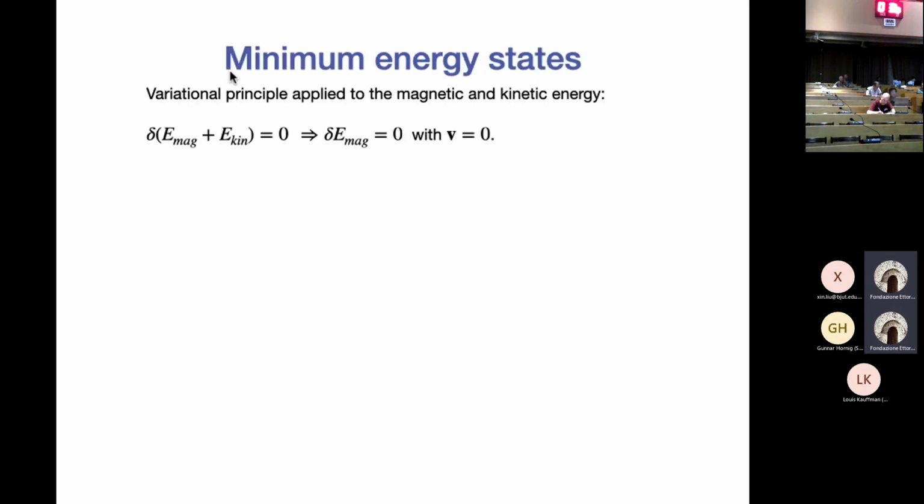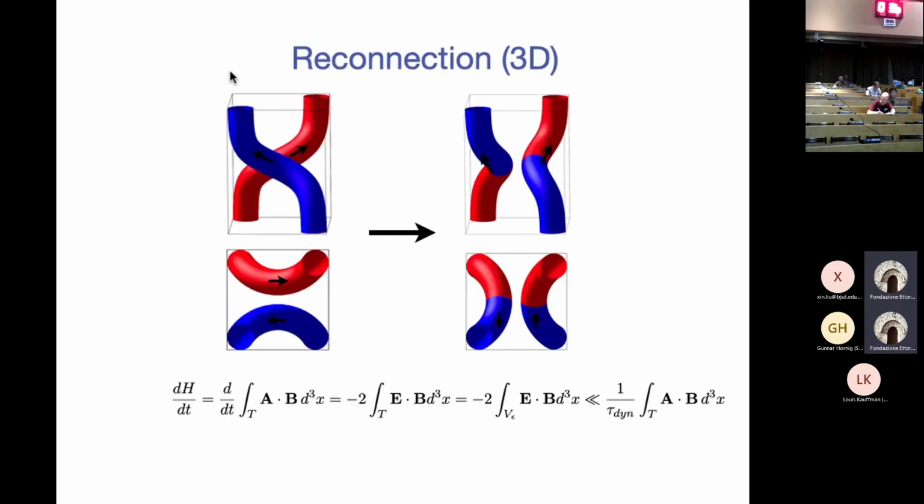So this electric field is essential for the reconnection to happen, but at the same time, it's a source term of the helicity. So you can't have reconnection without this term, at least not in the 3D version. And so there is a production of helicity in this process.